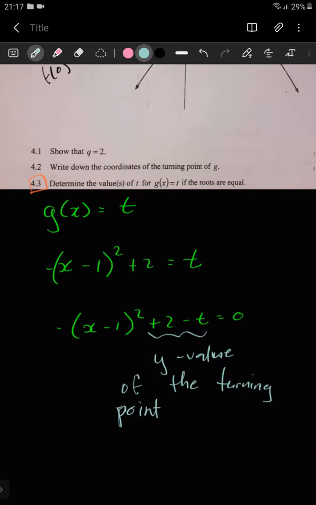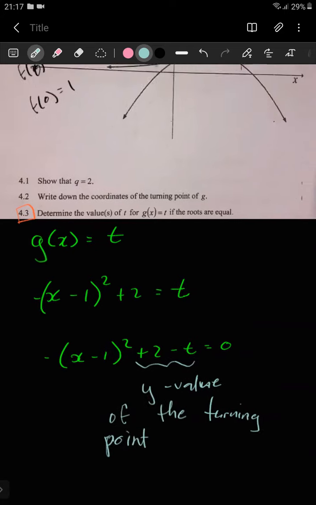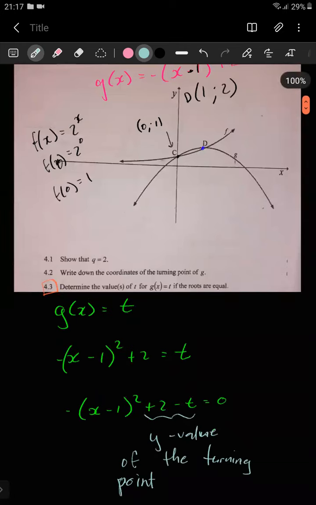So t is technically going to move the graph up or down. Because if t here is a negative value, you're going to have a negative times a negative, which is a plus, meaning that the graph would move upwards. However, if t is a positive number, you would have a negative times a positive here, meaning that the graph would actually be moving downwards.